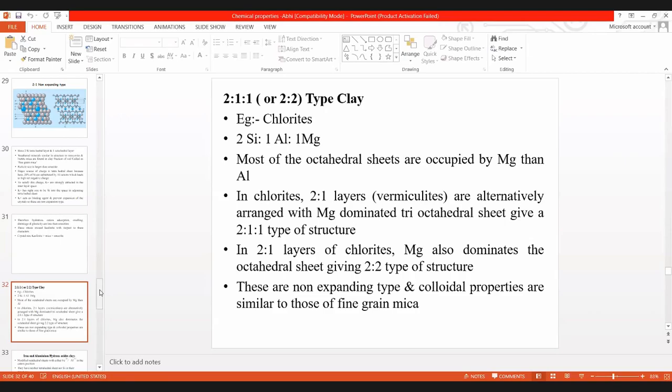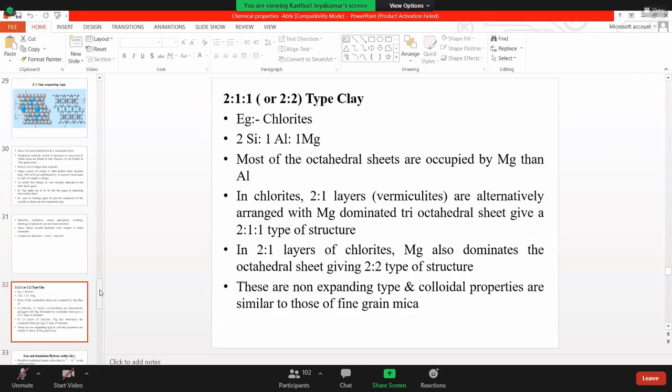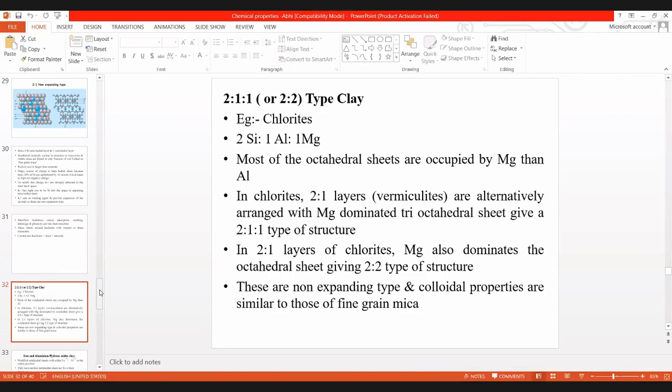Compare and contrast means you have to give the similar nature as well as different nature. If the question is differentiate 2:1 expanding and non-expanding, just write the differences.